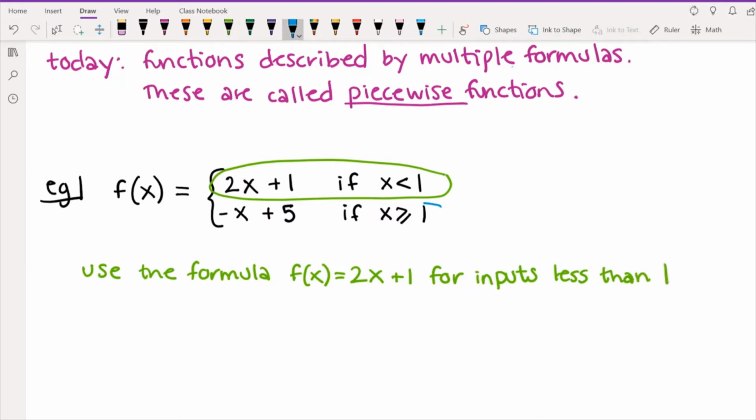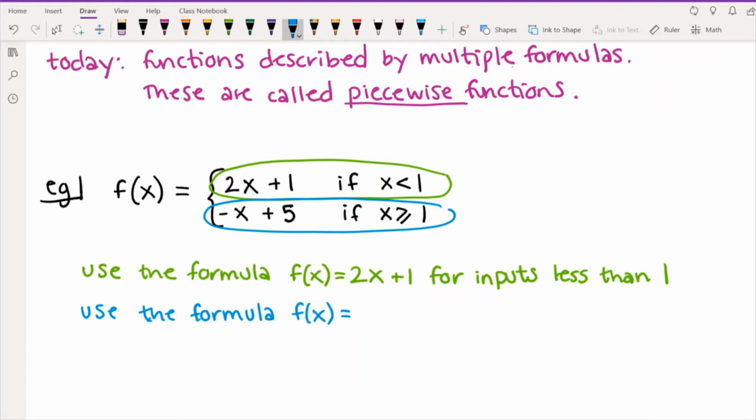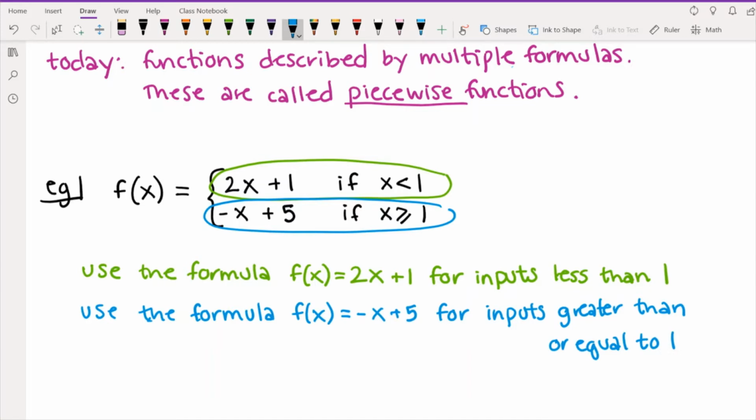And then what this part is telling us is that we're going to use the formula f of x is equal to negative x plus 5 for inputs greater than or equal to 1. So basically, depending on what number you're trying to plug in, that's going to tell you which one of these formulas you're using.